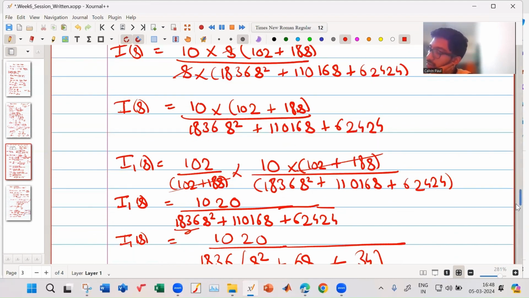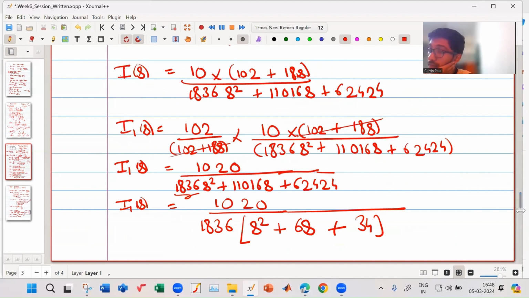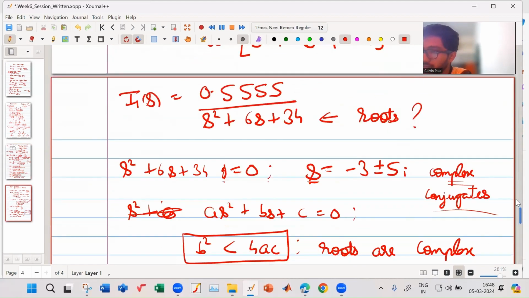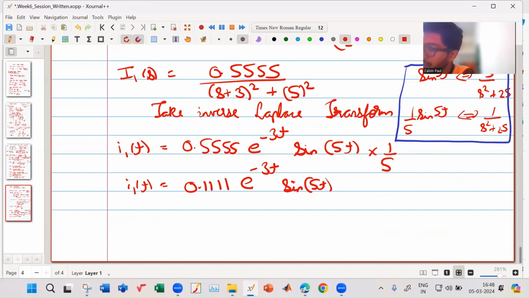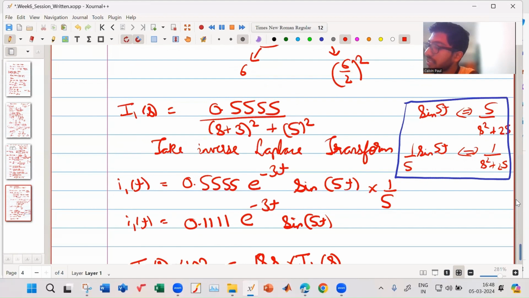What we will do is we know I2 of S into 102 is equal to 18S into I1 of S. How do I get this?